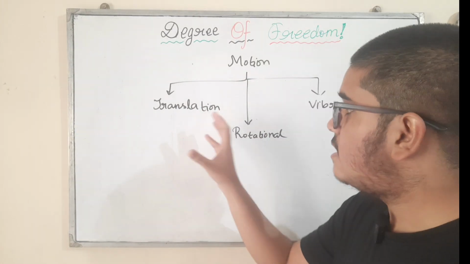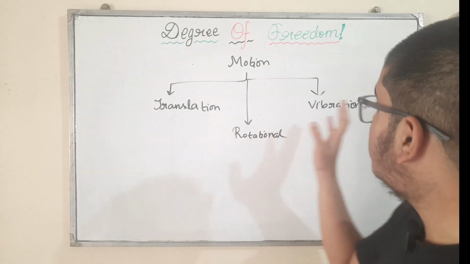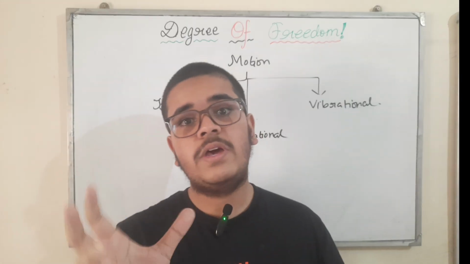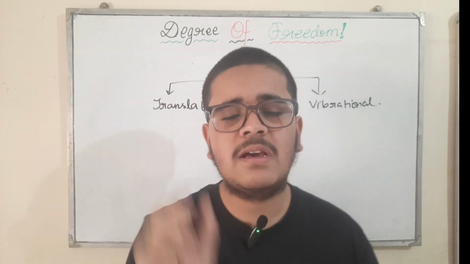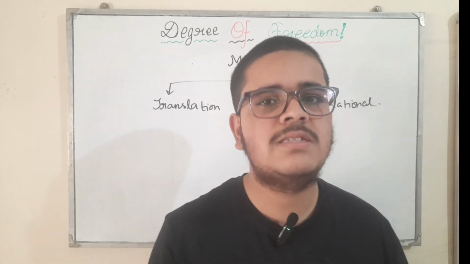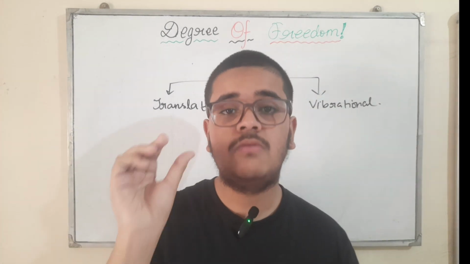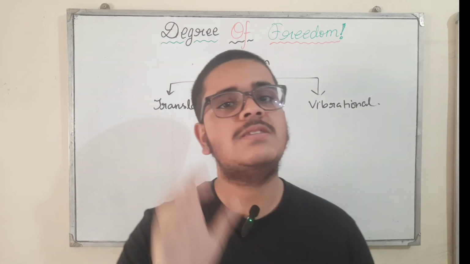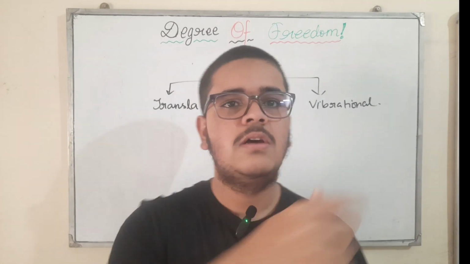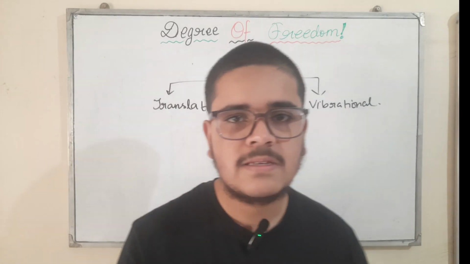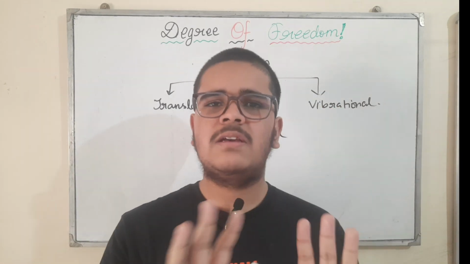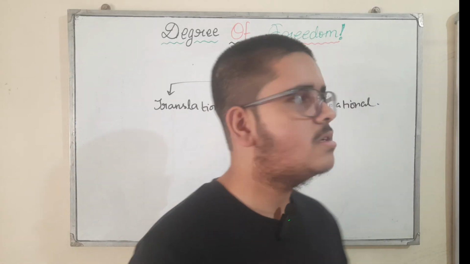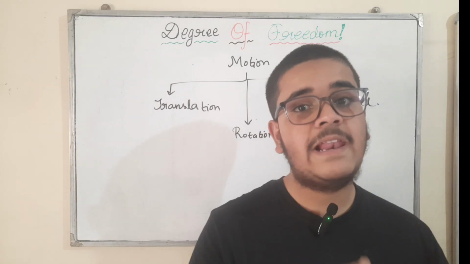We are going to study the first two in detail, and we will not study vibrational DOF because we are going to study microscopic molecules in gaseous state, and they only show vibrational motion at very high temperatures, extremely high temperatures, and therefore we are not going to take into account vibrational DOFs because we are dealing with gases at normal temperature and pressure and not very high temperatures. So vibrational DOF is omitted or neglected.